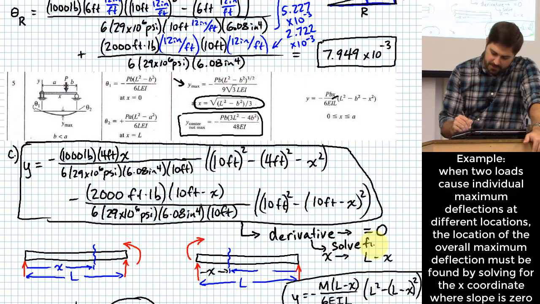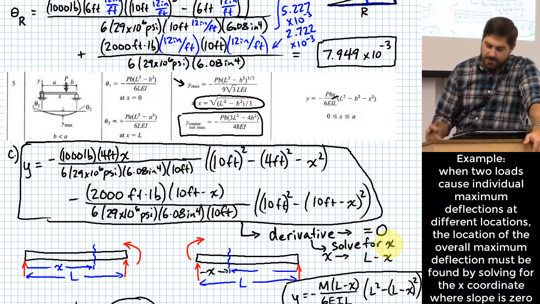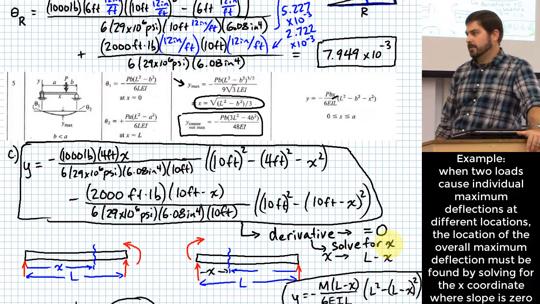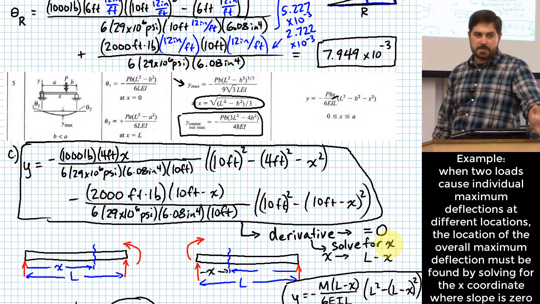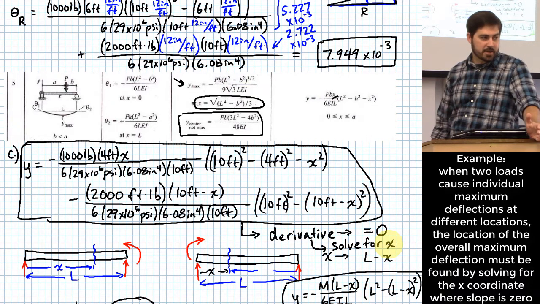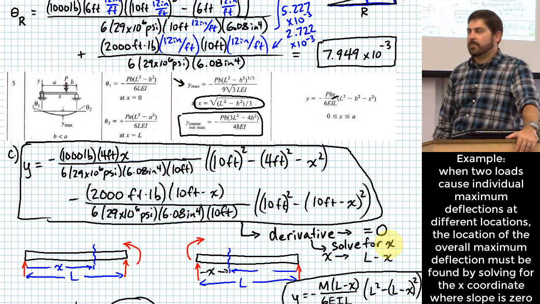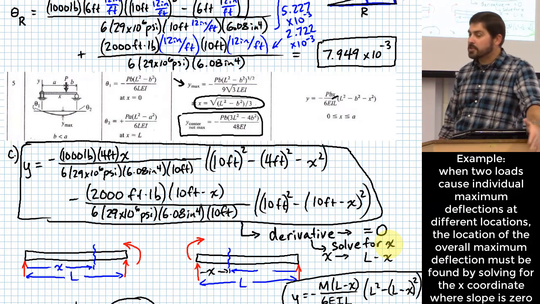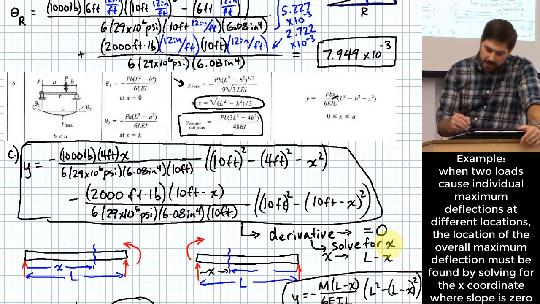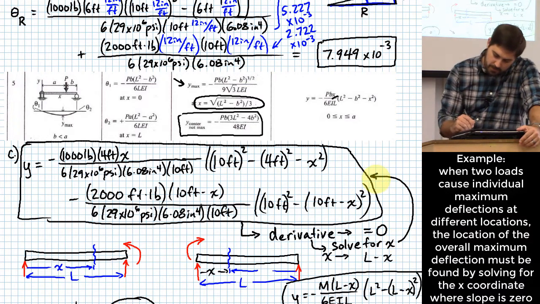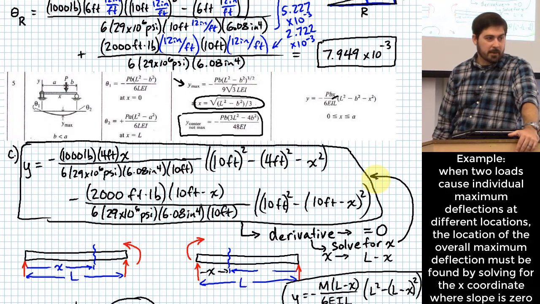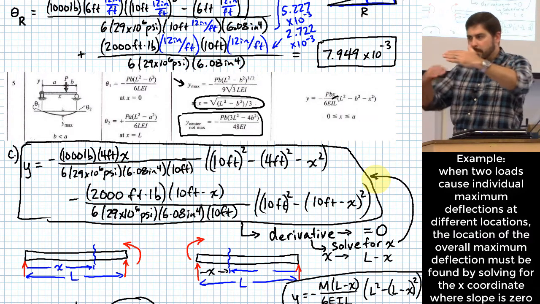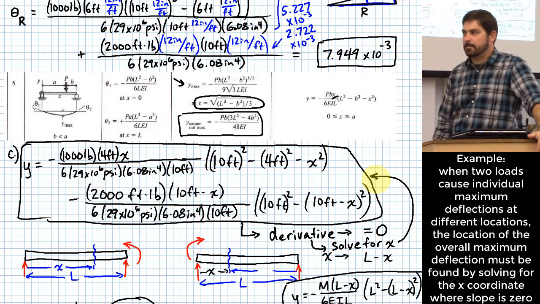Solve for x. That x that you will solve for is going to be the position where you have the maximum deflection. Once you have the location of the maximum deflection, you can take that x value and plug it back into this expression, and that will tell you how far the maximum deflection is in the beam.